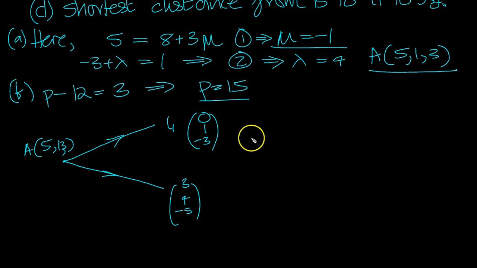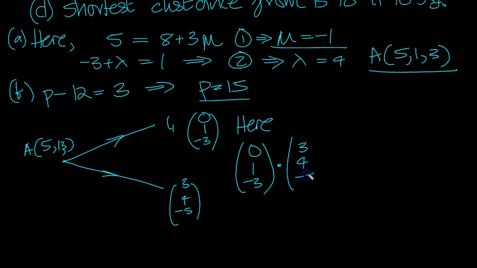So use the dot product rule: 0, 1, minus 3 dot 3, 4, minus 5 is equal to the modulus here, which is root 10, and this would be 9, 16 is 25, another 25 is root 50, times cosine of the angle alpha between them.